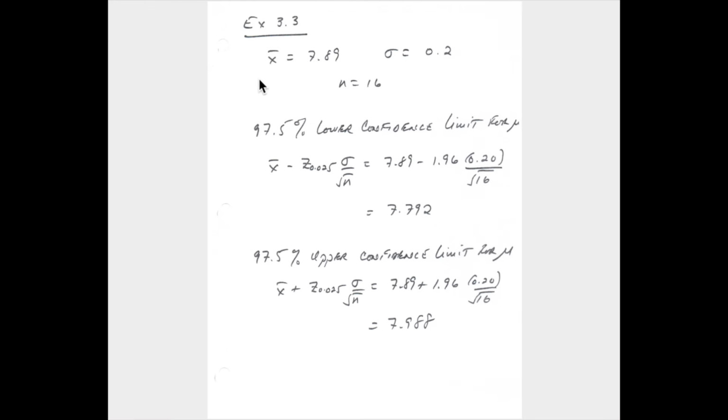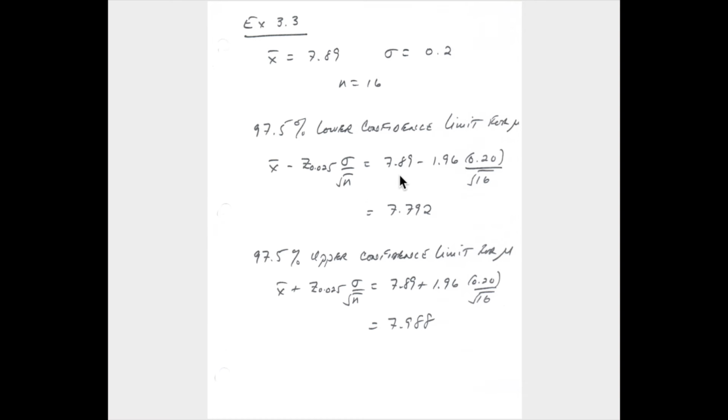So we saw that the sample mean was 7.89 ounces. And again, we are assuming that the population standard deviation of fill weights is 0.2 ounces. And again, the sample size was 16. And so a 97.5% lower confidence limit for mu is given by x bar minus z sub 0.025 times sigma over the square root of the sample size.